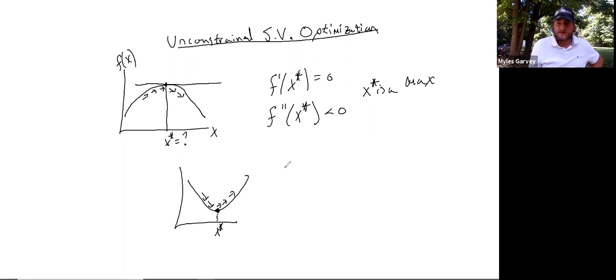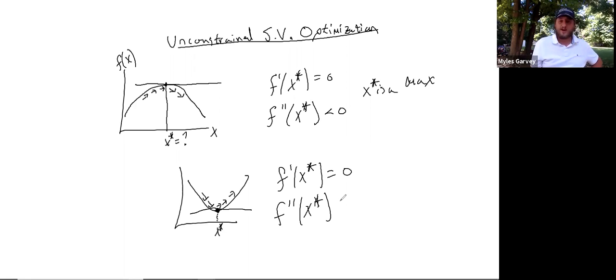So in that case, if the derivative at that point is 0, which we see it is, and how fast those slopes are changing at that point is bigger than 0, we say x star is a minimum.